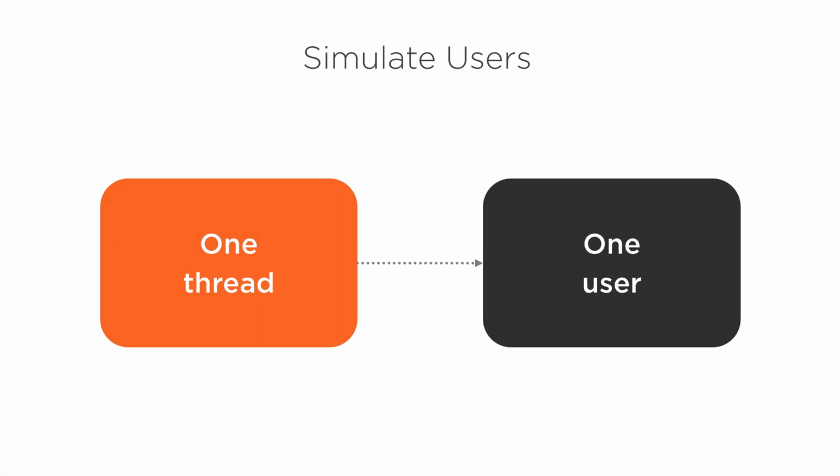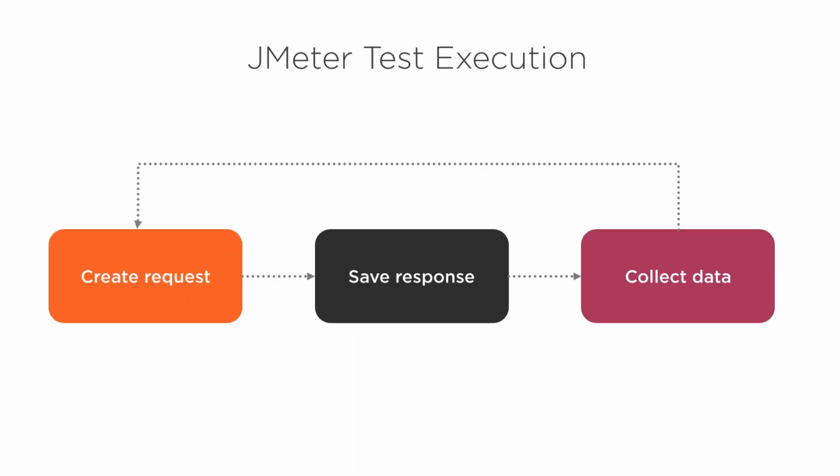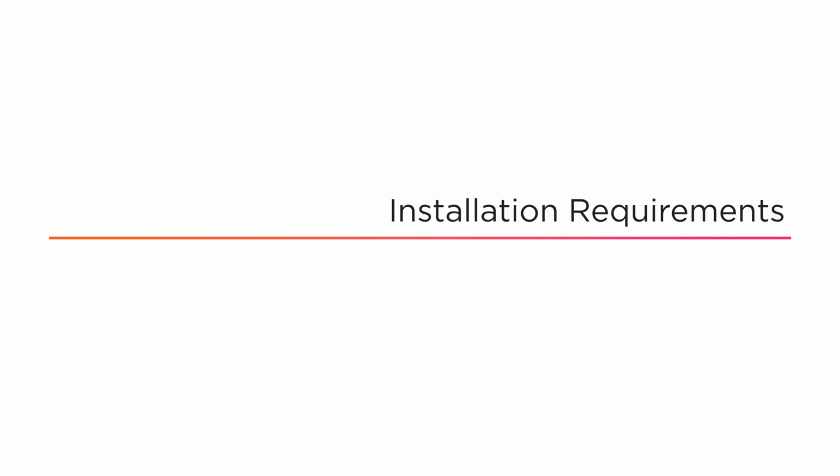You can say number of threads or number of users, it's up to you. One thread is equal to one user in JMeter. Here you create a request through JMeter, which I'll teach you. After that, JMeter will save the response, collect the data, and on top of it analyze it. Now the question is, how do we install JMeter?